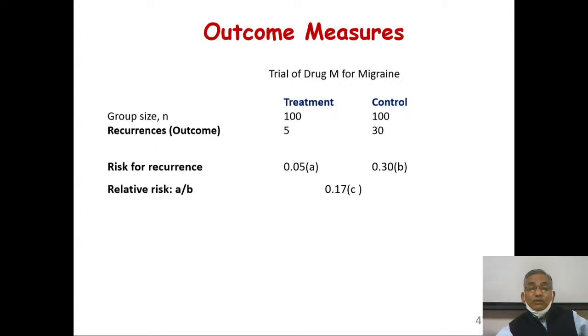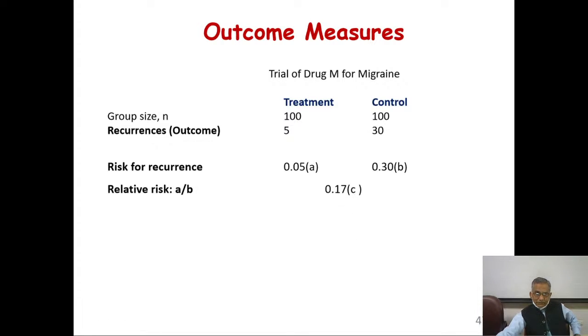That means 0.05 divided by 0.3, which is 0.17. What does it mean? It means that if you give treatment M to a patient, then his chances of recurrence come down by 83%.